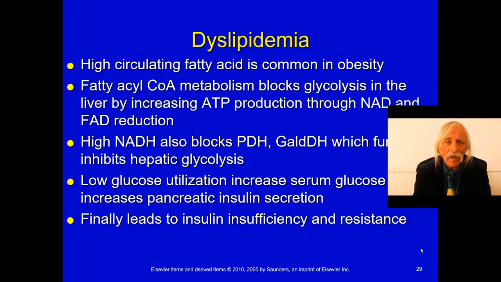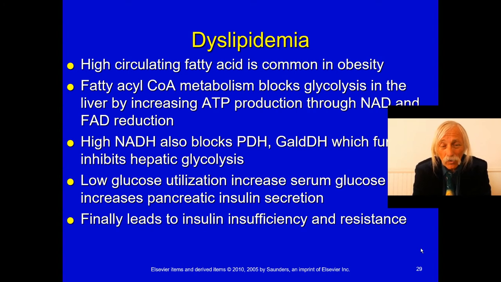That means you're going to get NAD and FAD reduction, and those are both reduced during the oxidation of the fatty acyl-CoAs. You're also going to be making acetoacetate and beta-hydroxybutyrate, the ketone bodies. High NADH also blocks, of course, because you know intracellular control over metabolism, the pyruvate dehydrogenase and glyceraldehyde dehydrogenase, and that will further inhibit glycolysis, right? Those are two enzymes in the glycolytic pathway.